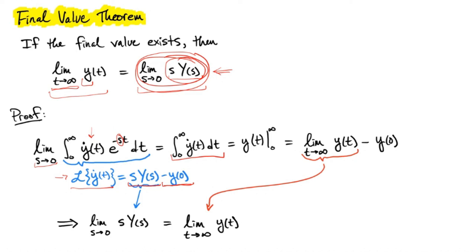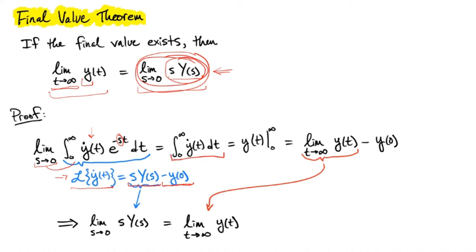It should be noted that you can exchange the order of taking a limit and integration when the integrand behaves well and is continuous at that point as s goes to 0. That's an important piece. We're making an assumption there, but this holds for most of the physical systems that we're going to study.